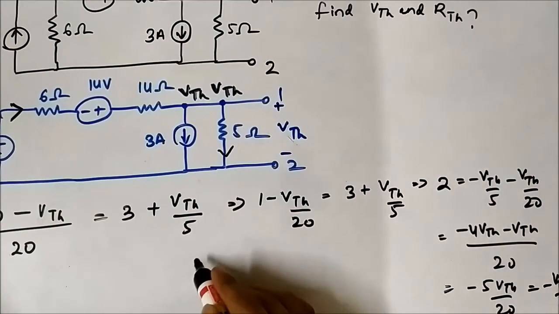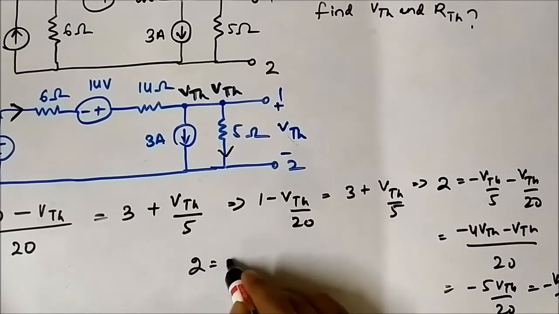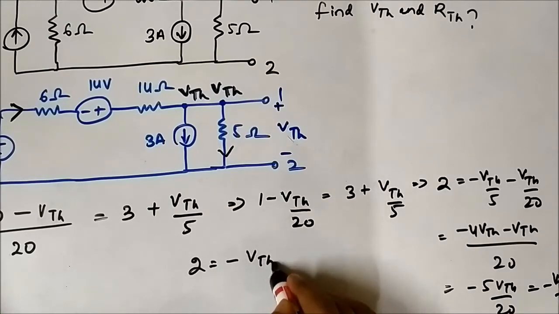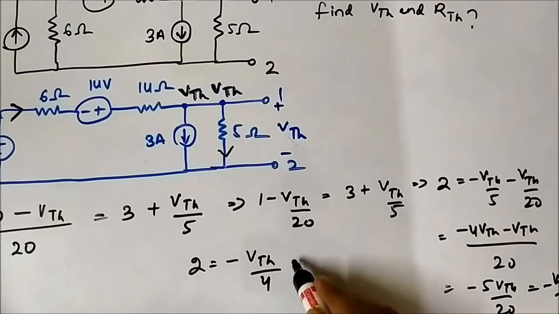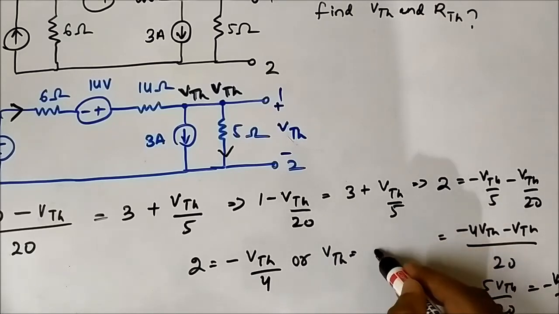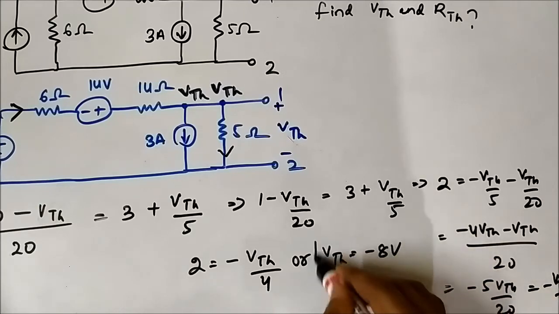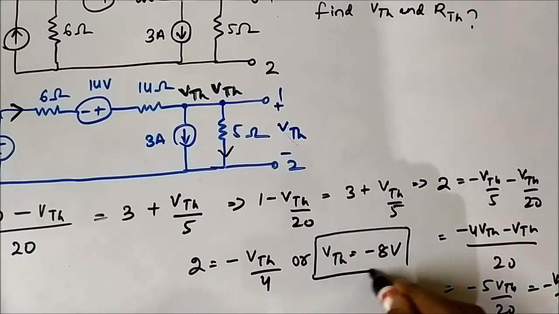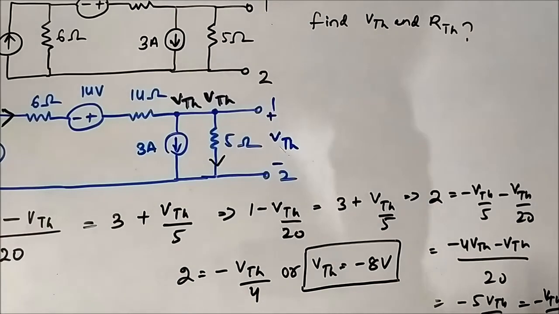So 2 is equal to minus VTH by 4, or VTH is equal to minus 8 volt. So VTH, we calculate it as minus 8 volt.